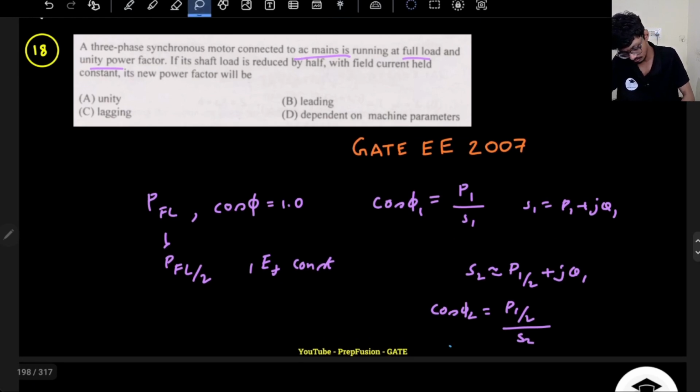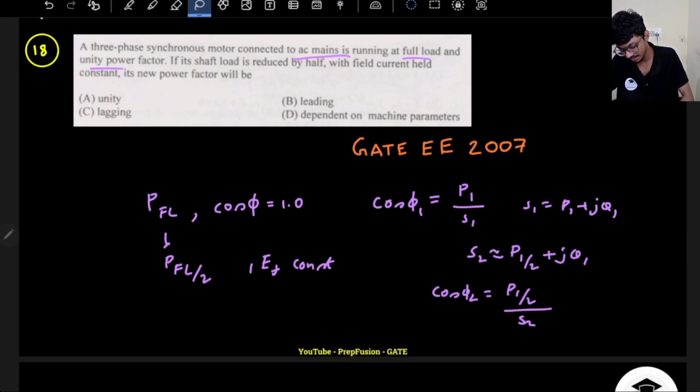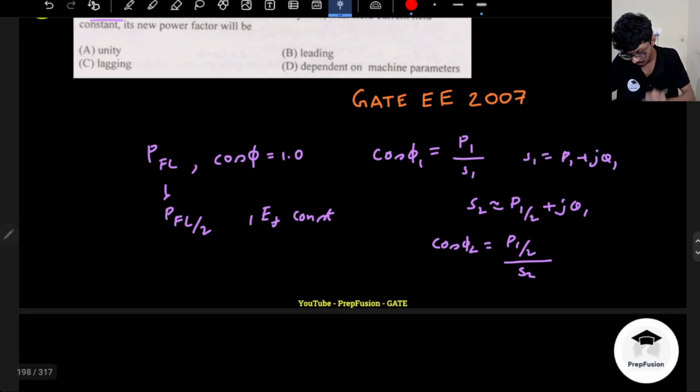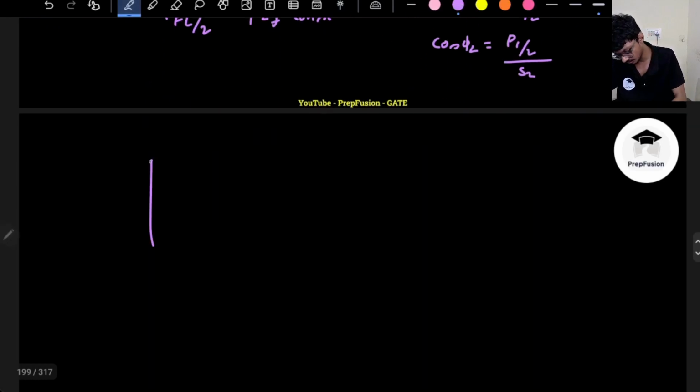As I have mentioned, if I am reducing the load, the graph will shift left. Why will it shift left? If you remember, when I was increasing the load, the graph was shifting to the right-hand side.